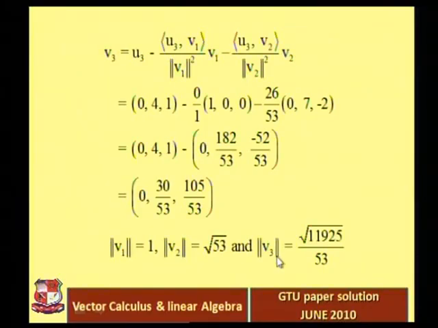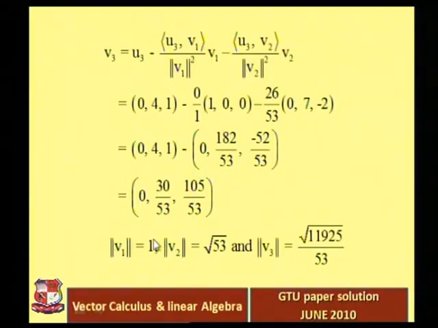And norm V3 is equal to under root of 0 square plus (30 by 53) whole square plus (105 by 53) whole square, right? When you simplify, norm V3 becomes under root 11925 divided by 53. So now we have to divide each vector by its norm.